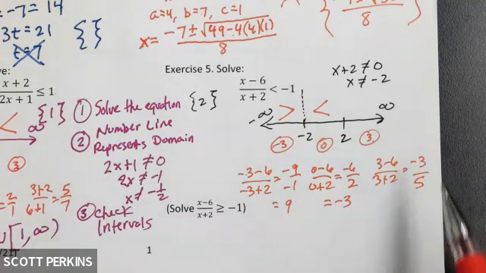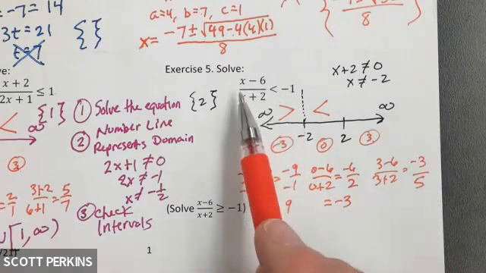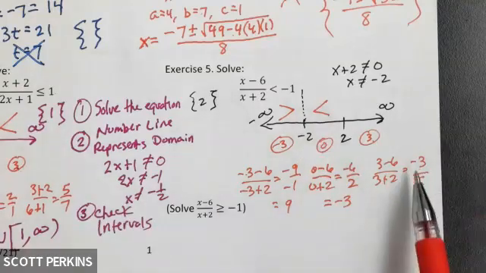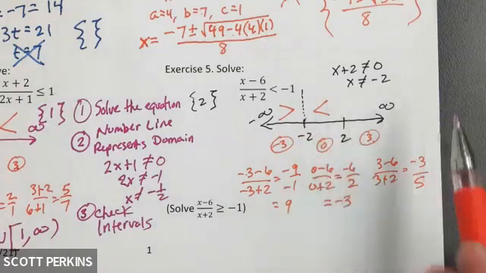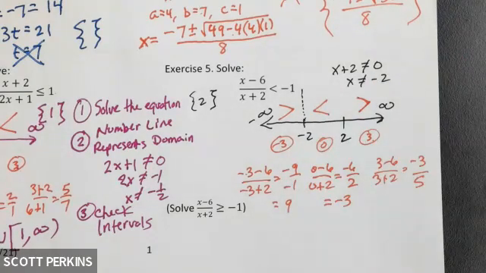Now be careful on this one. Is -3/5 less than -1 or is it bigger than -1? It's closer to 0. So it's going to be bigger. I know it's tough when they're both negative to compare. But if you draw the number line, -3/5 is moving towards 0. So it's bigger than -1.